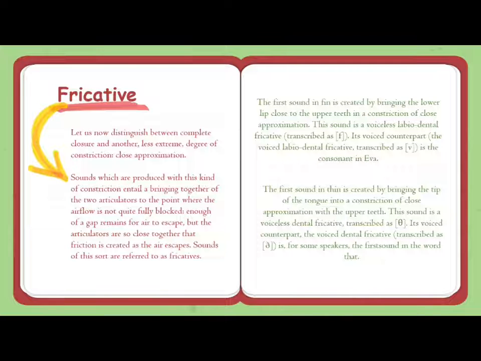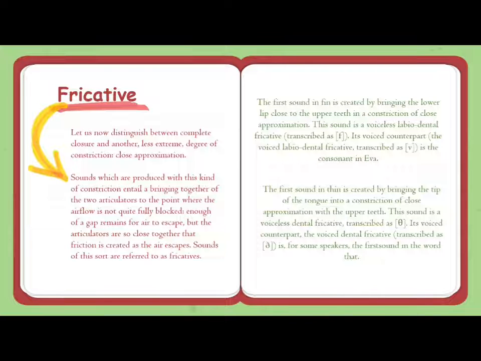The first sound in fin is created by bringing the lower lip close to the upper teeth in a constriction of close approximation. This sound is a voiceless labiodental fricative, described as f.